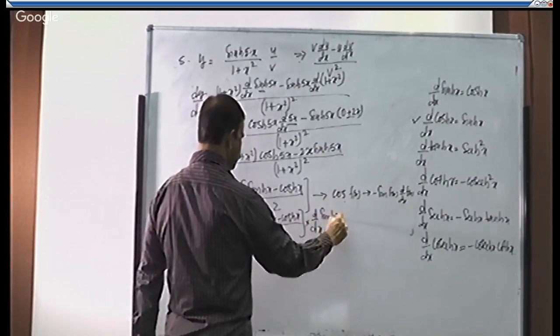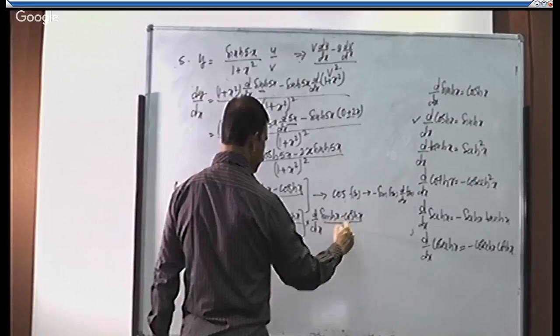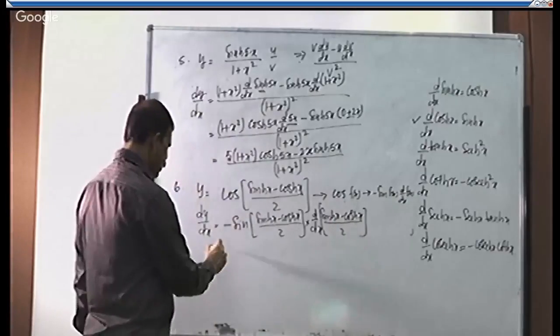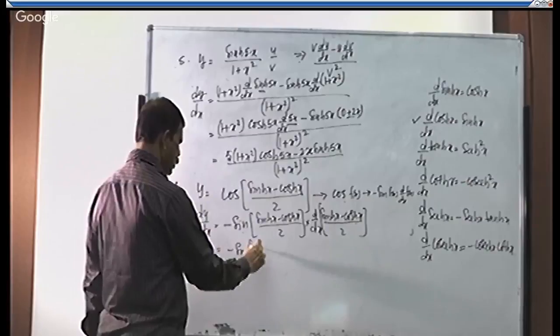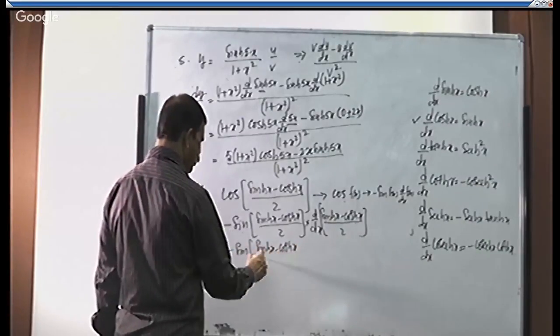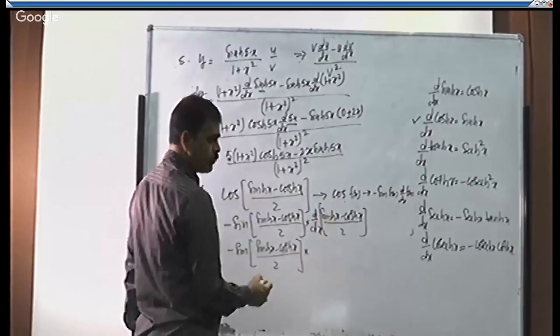Sin hx minus cos hx by 2. So this will be as it is, right? Minus sin of (sin hx minus cos hx) all divided by 2 into differentiating this.